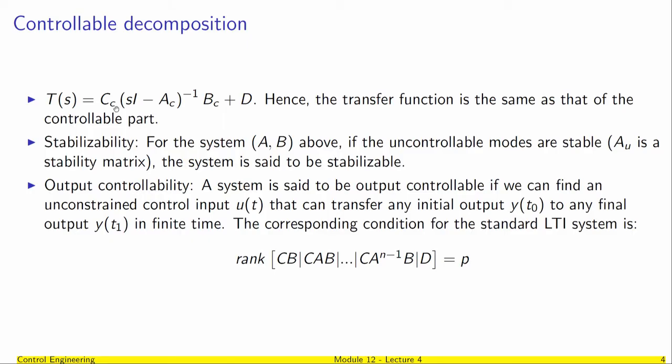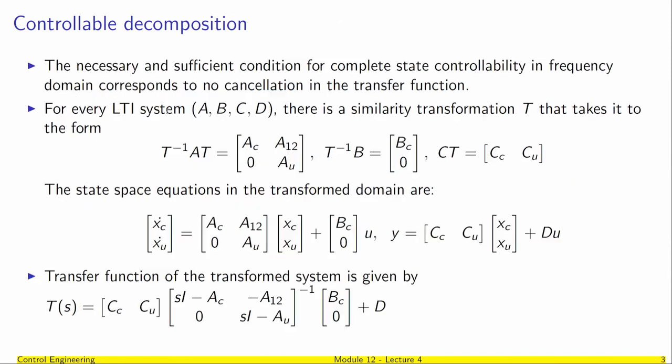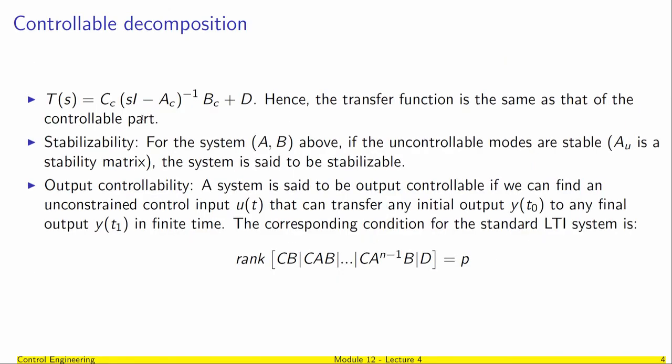I will skip these computations, but what is interesting to see is that the transfer function will have entries which are only corresponding to the controllable part. Ac is the one corresponding to the controllable part, Bc is also the controllable part, Cc is also the controllable part. So, what is important here is that the transfer function is only the transfer function of the controllable part.